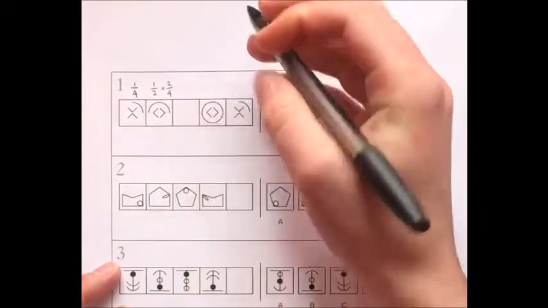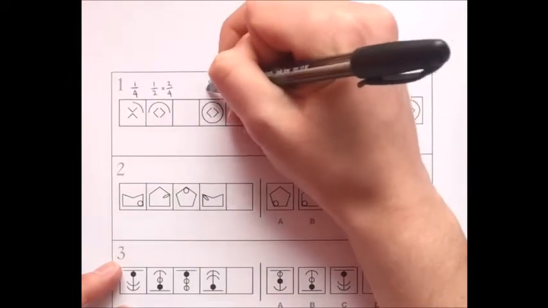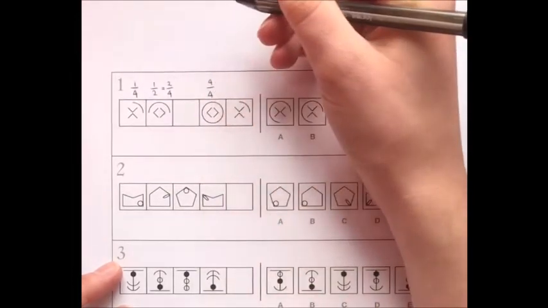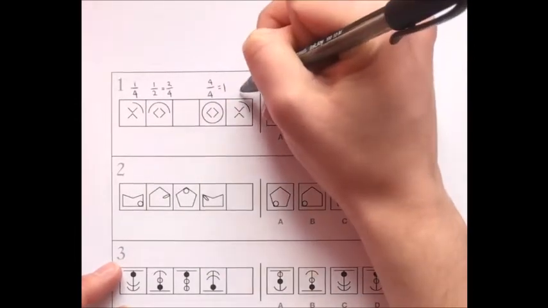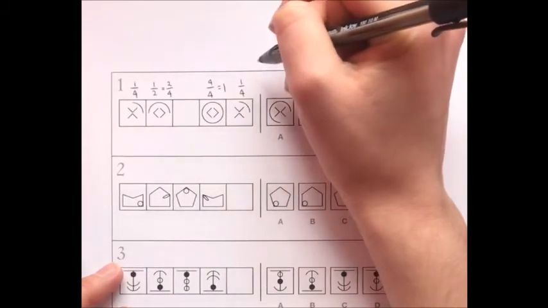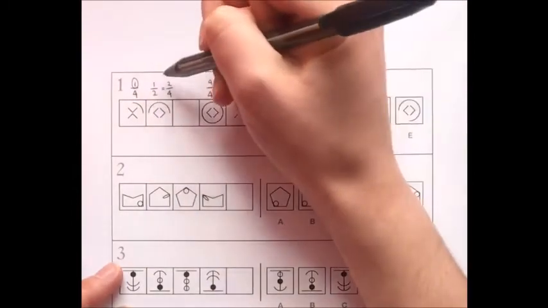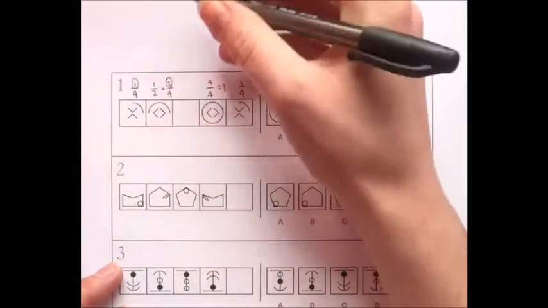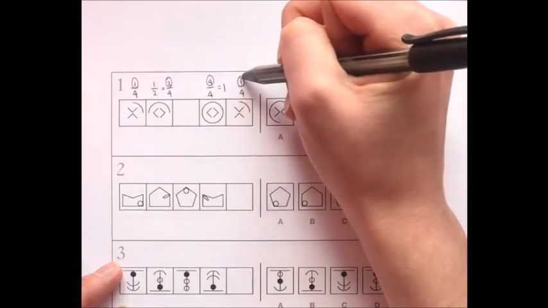Then we have a missing box, then a full circle, which is 4 out of 4 parts, which is 1. And then it's back to a quarter of the circle. So therefore it goes from 1 part to 2 parts, gap, to 4 parts, and then back to 1.